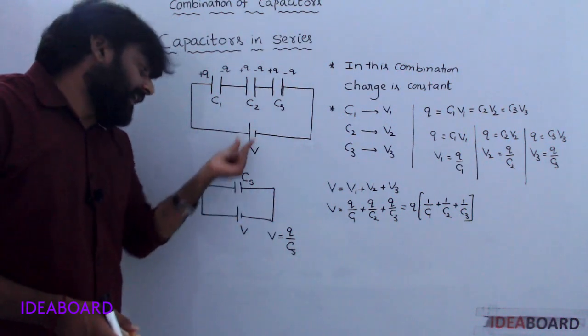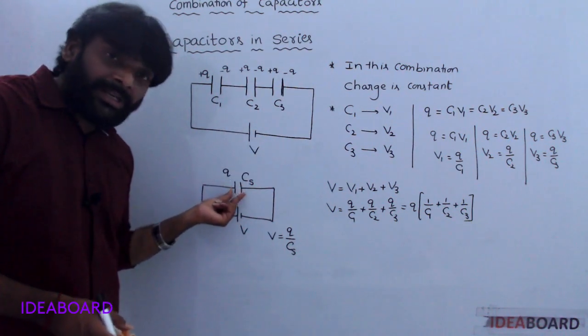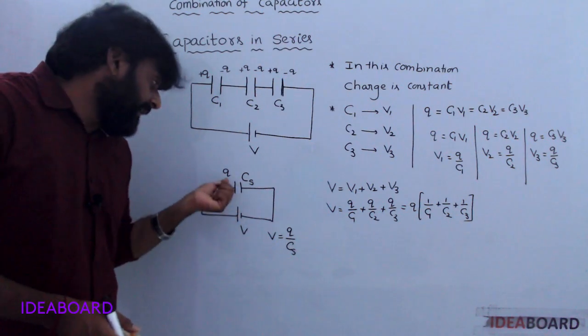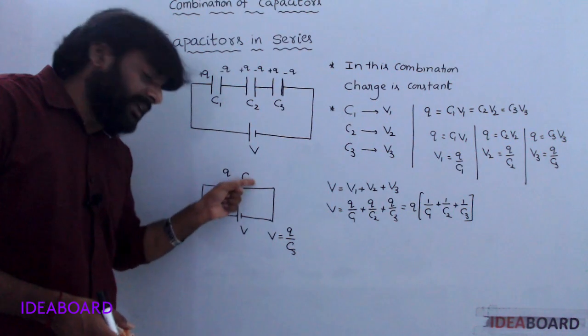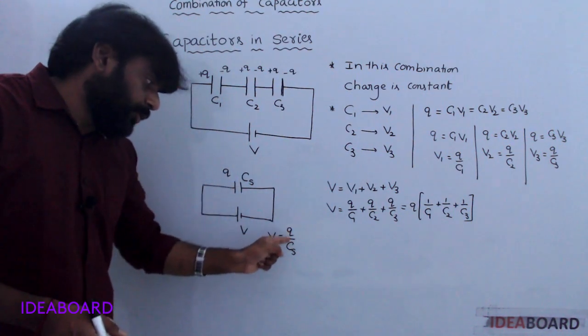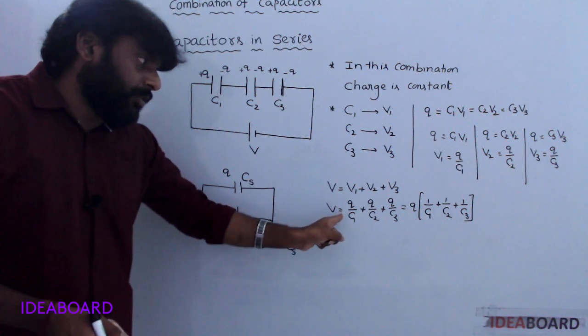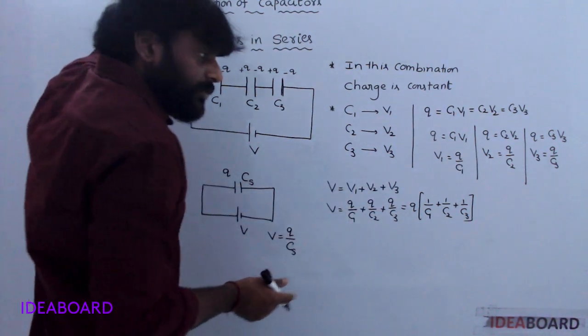Once again, the same source is joined to one single capacitor, and it draws the same amount of charge. That capacitor is the equivalent capacitor. So V equals Q by CS. The earlier result, V equals Q into 1 by C1 plus 1 by C2 plus 1 by C3, is equation 1, and this one is equation 2. Both 1 and 2 are the same. Equating them, Q by CS is equal to Q into 1 by C1 plus 1 by C2 plus 1 by C3.